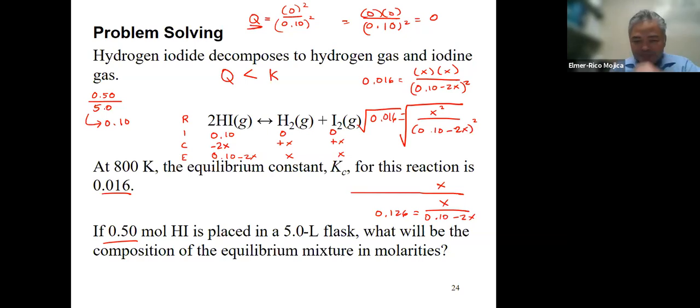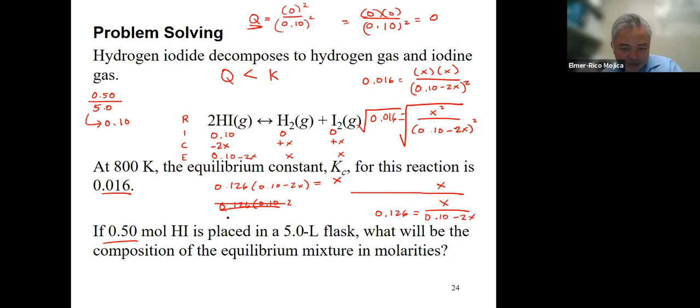And then I distribute this 0.126 with the 0.1 minus 2x, and I have x on one side, right? So by distributing this, I will get 0.0126, and this one will be 0.252x.